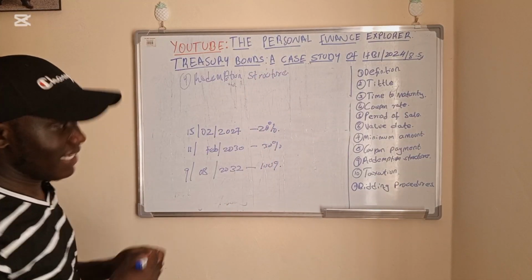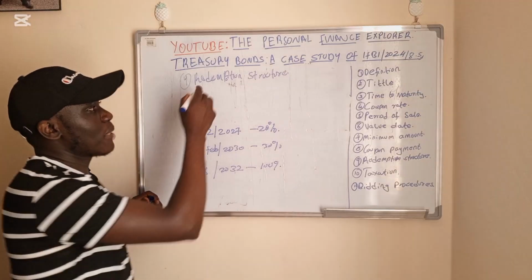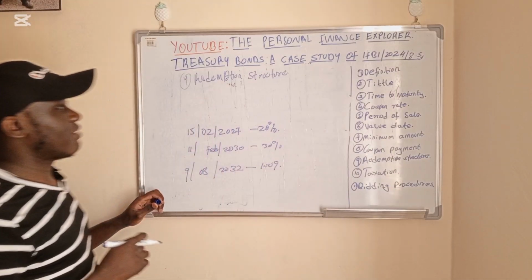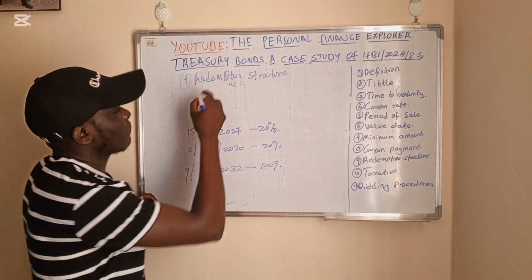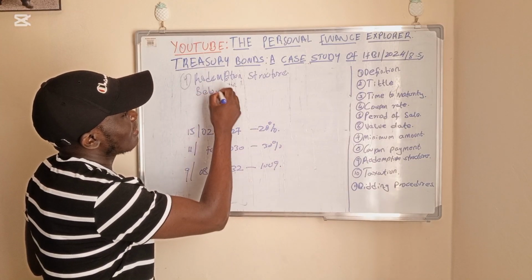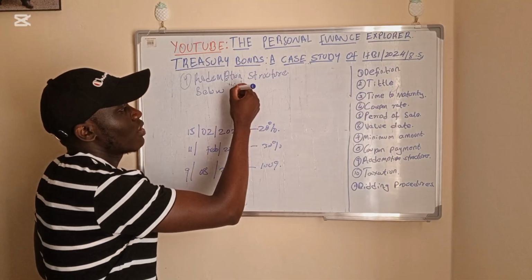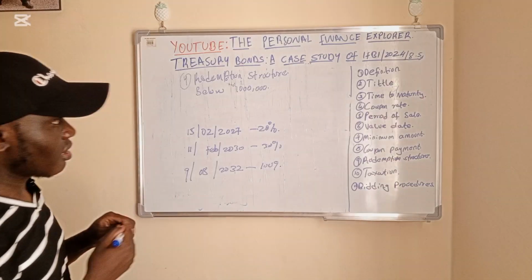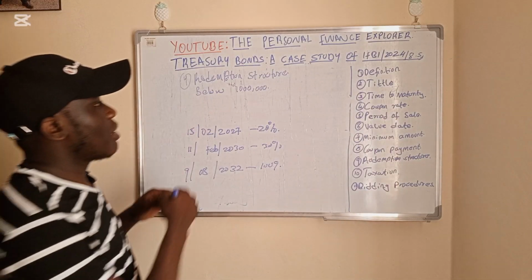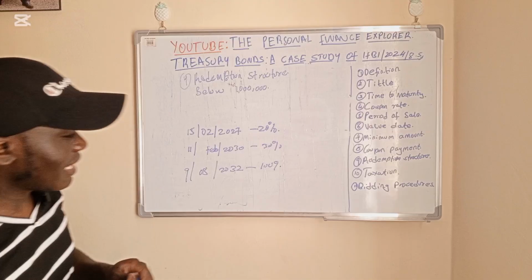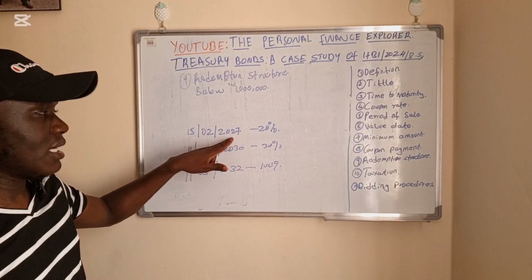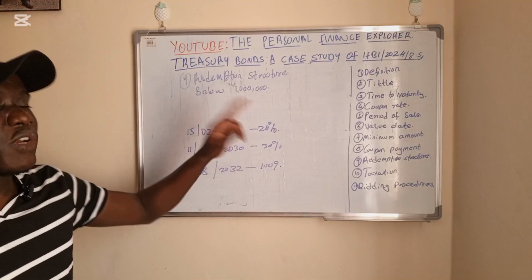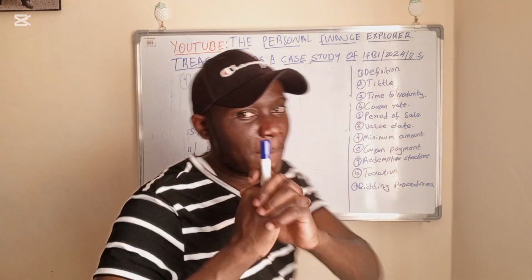So if you had invested an amount below, not all of us can remember that mathematics. If you had invested amounts below 1 million, the day that they start redeeming this bond, that is on the 15th of February 2027, you'll get 100% of your money.